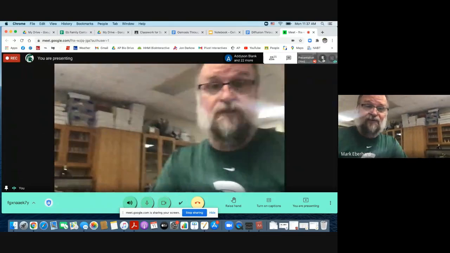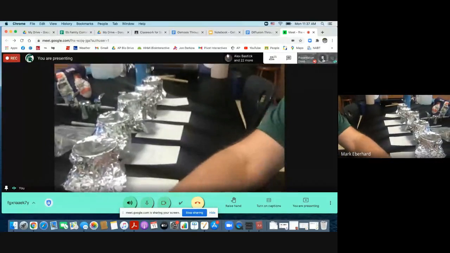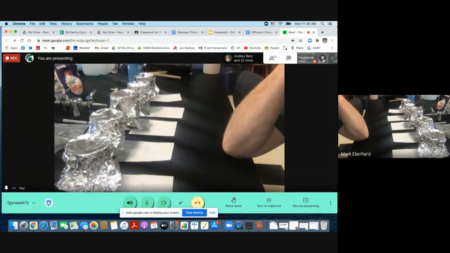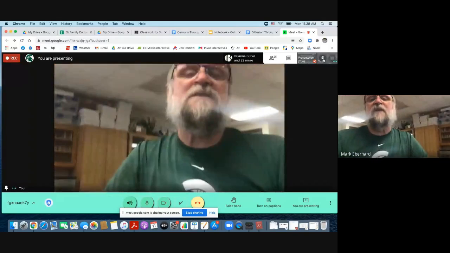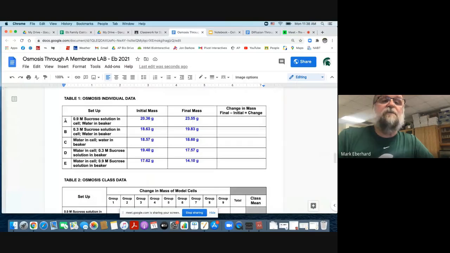All right, so what you can see is I've got 5 beakers set up. Those 5 beakers represent the different setups. So if I go back to the document for a second, in this first chart, there's beaker A, B, C, D, and E, and it describes what's in the beaker.